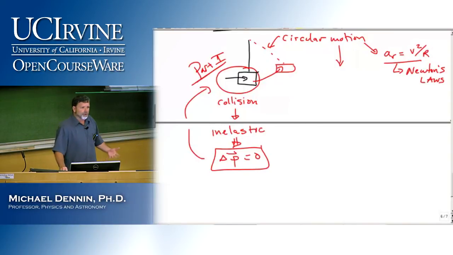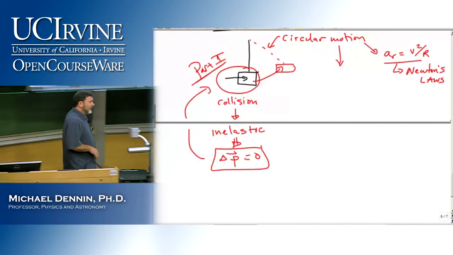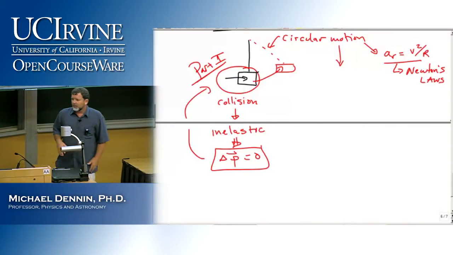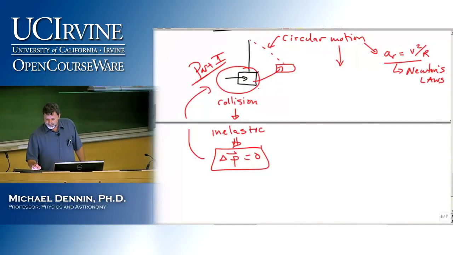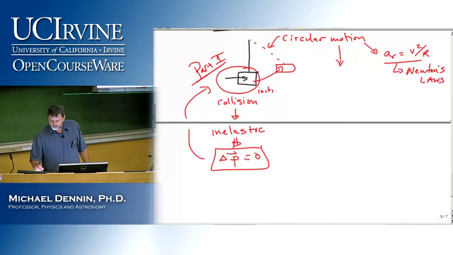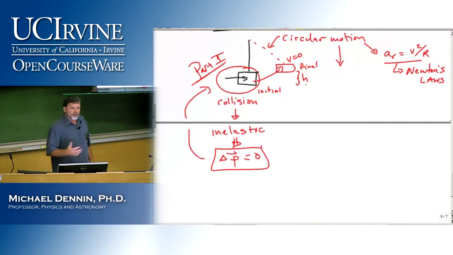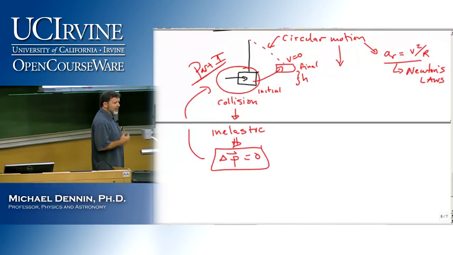Right? If we're going to use v squared over r, we will use Newton's laws. Now, what's the other option when you have an object where you know exactly where it moves from an initial to a final place? Because remember, here it stops at some final height h.